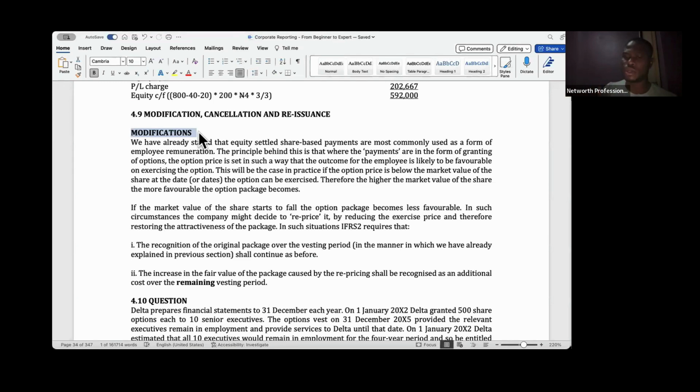At the grant date, at the date of the agreement, there are always three values present. The first is the fair value of the share option, which is what we use in our books to record this transaction. The second is the share price of the company. Let's hypothetically say the share price is 5 naira today.